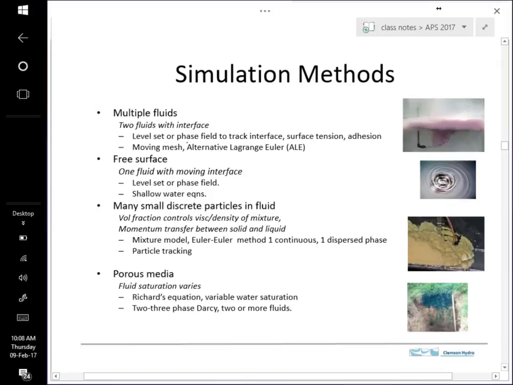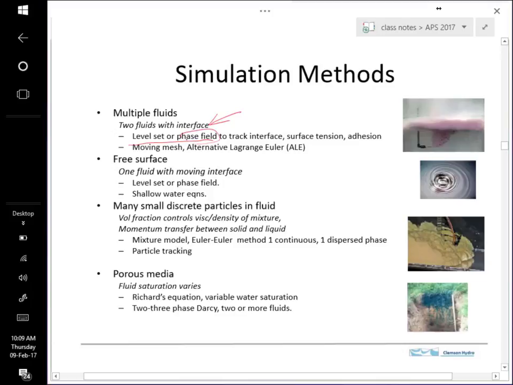So for the multiple fluids, we're going to have to deal with two fluids with an interface between them. And there'll be two main ways that we'll look at to deal with this. One is called a level set method, or a phase field method.